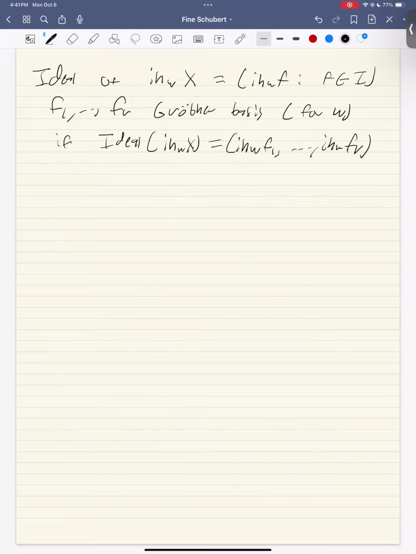And we say that they are a universal Gröbner basis if they're a Gröbner basis with respect to every W.